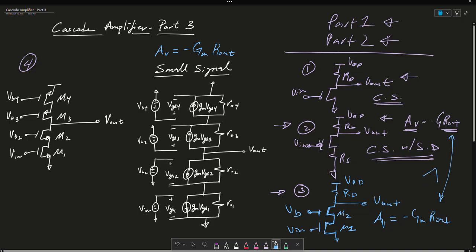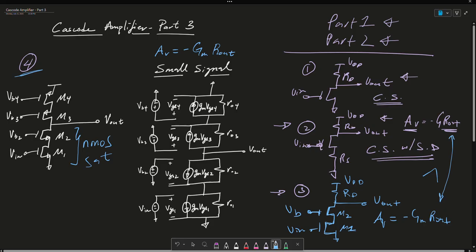And lastly, the fourth progression, which we'll be talking about in part 3 of this lecture series, is located here, where, again, you see the cascode below the V output. And these are NMOSs in saturation.